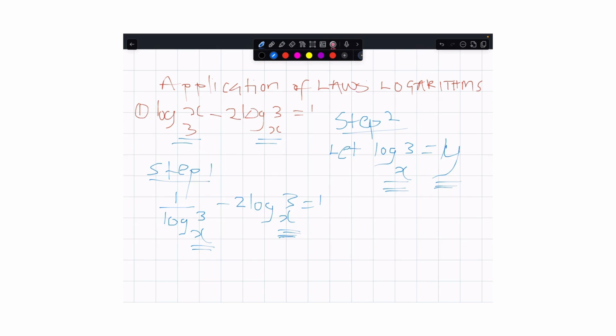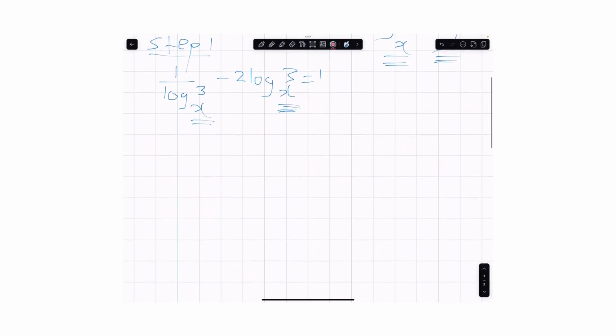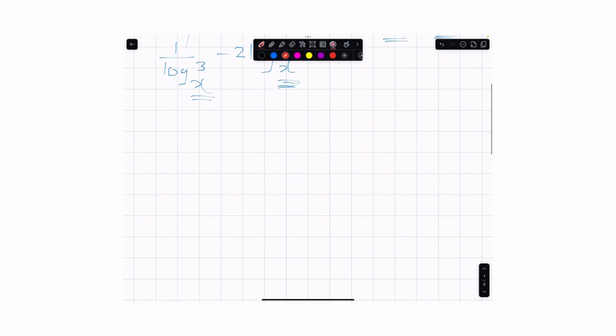So you now come here and say 1 over y, you've substituted, minus 2y is equal to 1. You've done your substitution right here. So from here, you now move on to your step number 3.